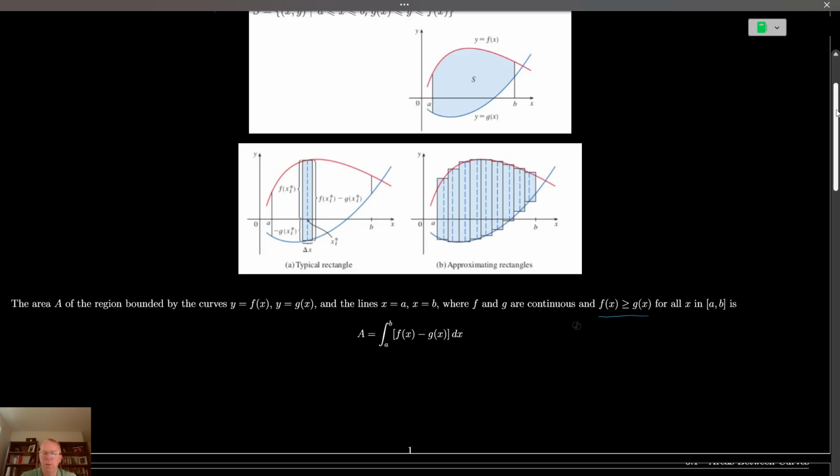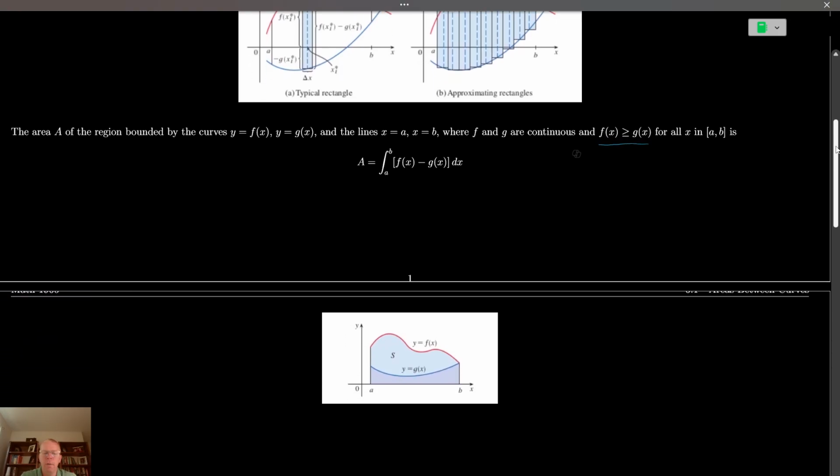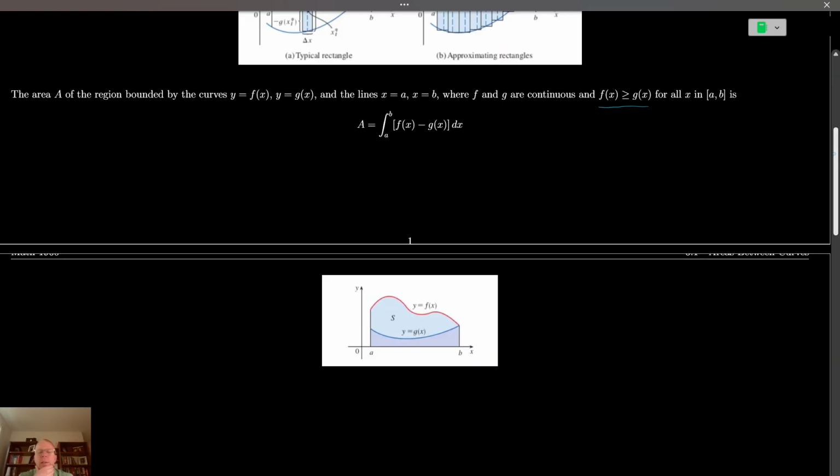If we look at this picture down here, g is not below the x-axis, g is above the x-axis. If you integrate f from a to b, that finds all of the area between the x-axis and the red curve f.